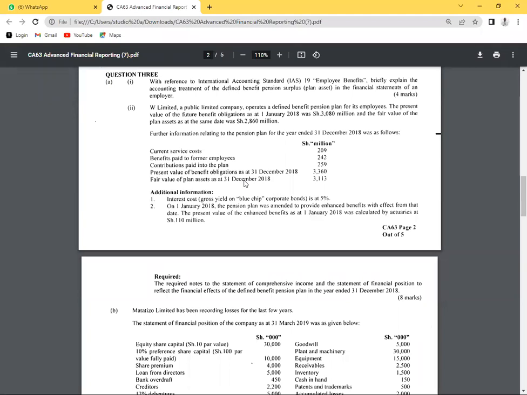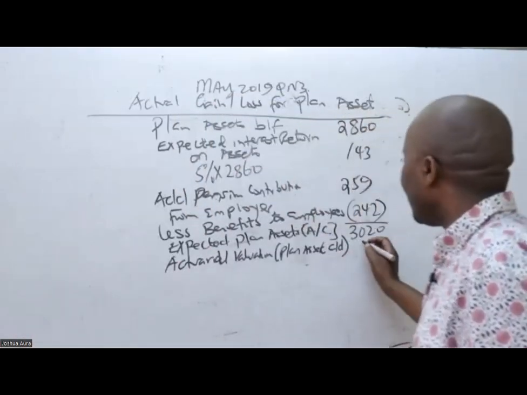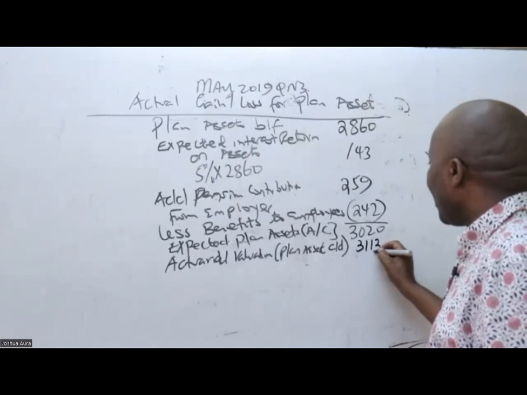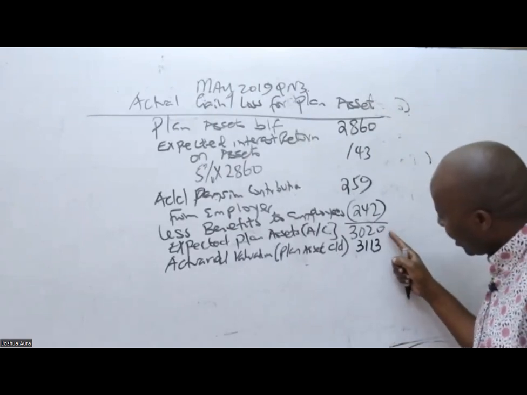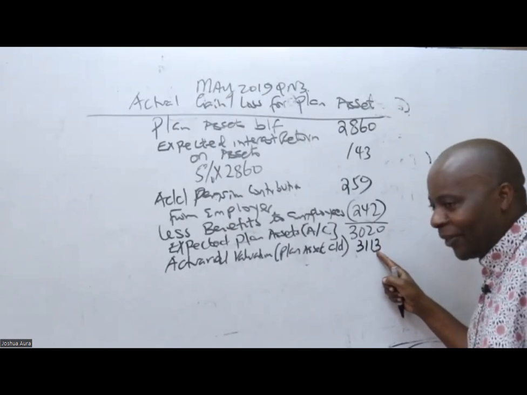If I'm the one doing this exam, although the examiner does not allow you to write anything, I should be able to know that the value is given at the end, like now, at 31st December 20. This is an actuarial valuation. The same case with the end of the year obligation. So the actuarial valuation here is 3113. The accountant was booking less, and the actuary has given us a bigger value.